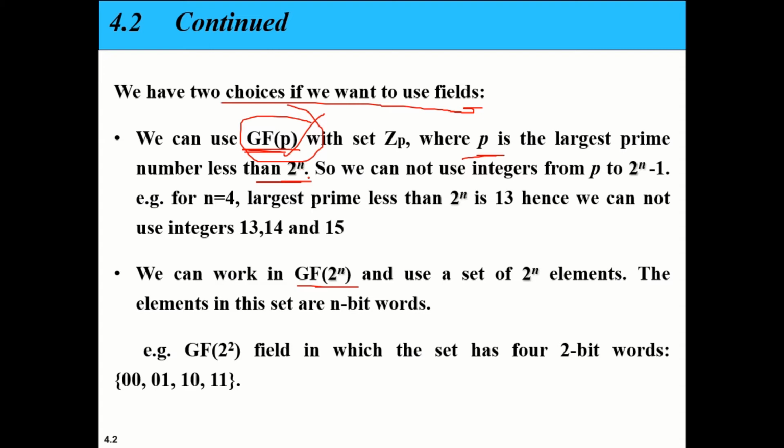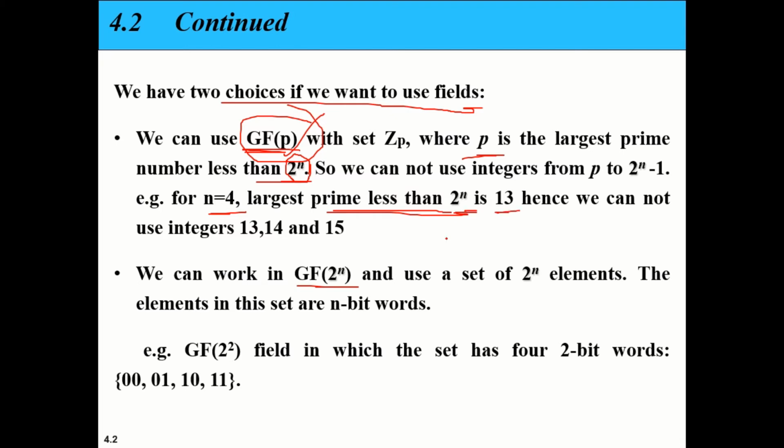Say for example, n is 4. Then 2^n means 2^4, which becomes 16, and the largest prime less than 2^n is 13.